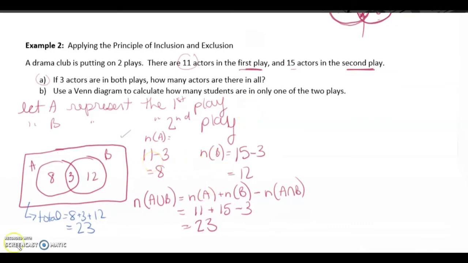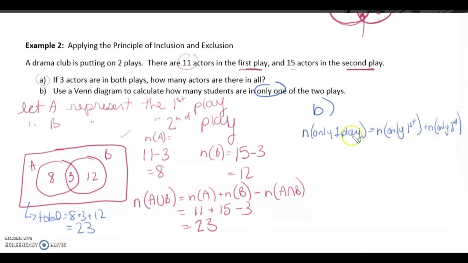Example B. Use a Venn diagram to calculate how many students are in only one of the two plays. I want to show you some spin-offs of this notation. The number of people in only one play equals the number of people in only the first play, plus the number of people in only the second play.